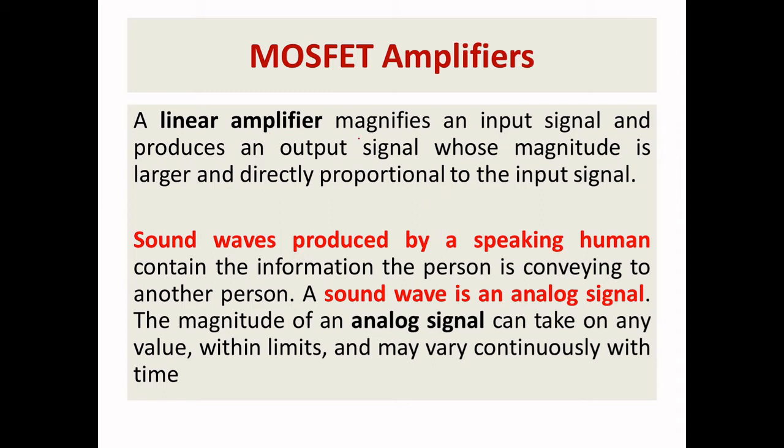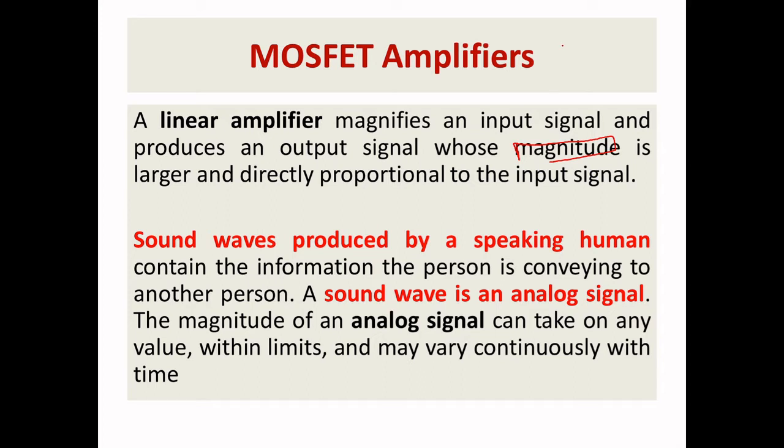If I want to design a linear amplifier, it should satisfy two properties. The first property, the magnitude should be larger, and another important property is the output signal and input signal should be directly proportional.